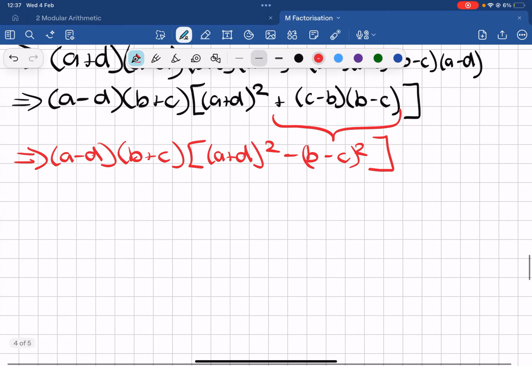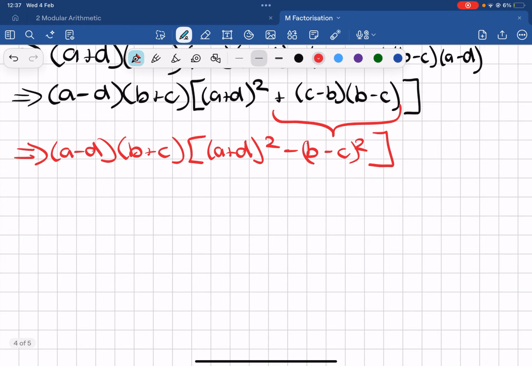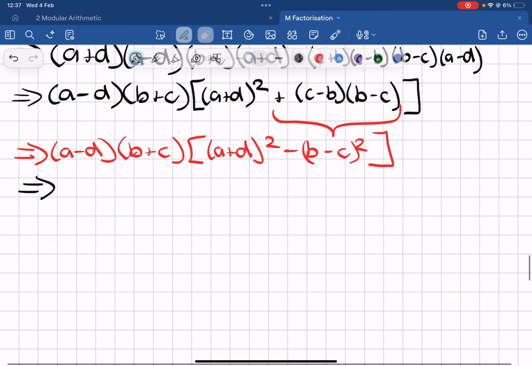Alright. Anything else we can do? Well, now we can simply expand these here and hope to see something nice.